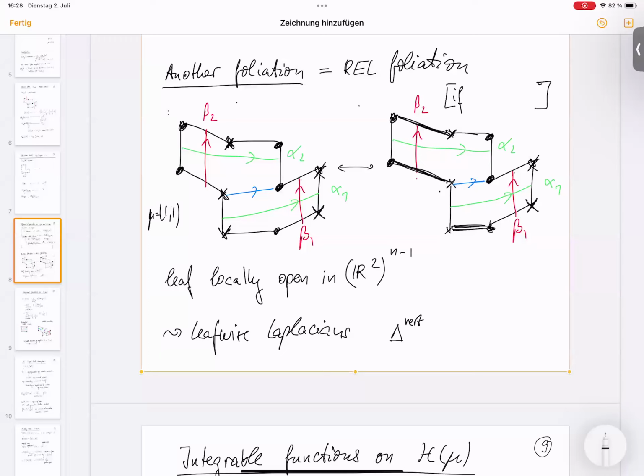And what I'm now doing is sliding one against the other. I'm shortening the blue period. The relative period on the right picture is much shorter than on the left-hand side. But all the other periods, beta 1, beta 2, alpha 1, and alpha 2, are the same.